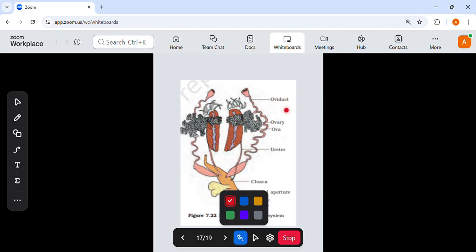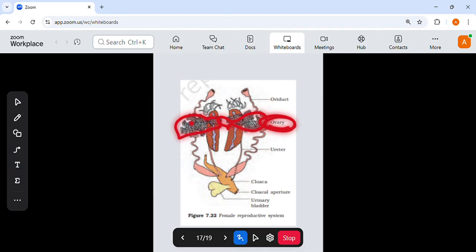There is no such connection as you can see here. These are the ovaries, a paired structure, and they open into the oviduct, then from the oviduct to the cloaca, and then to the cloacal aperture. Ovary, oviduct, cloaca, cloacal aperture.